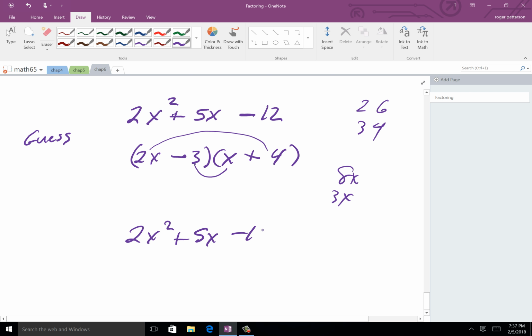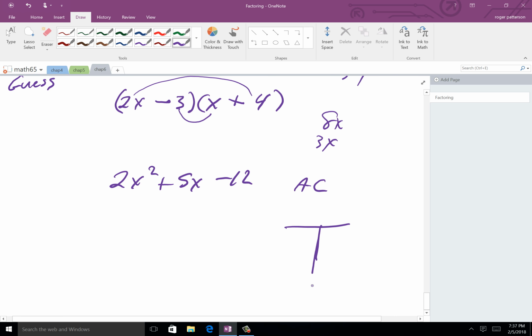Okay, here we go. We'll do this one using the AC method. AC method, what's our first step? 2 and 12 multiply together, what does that give us? Alright. Okay, we need factors of 24. There's the first ones.